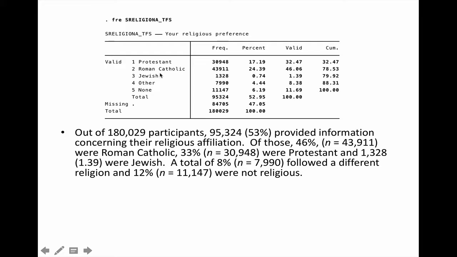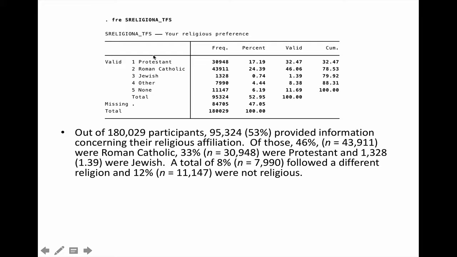Given the way the question was asked, there were three specific religious affiliations provided: Protestant, Roman Catholic, and Jewish. So I reported those first. There were actually more people who said they were something else or who were not religious than there were Jewish.